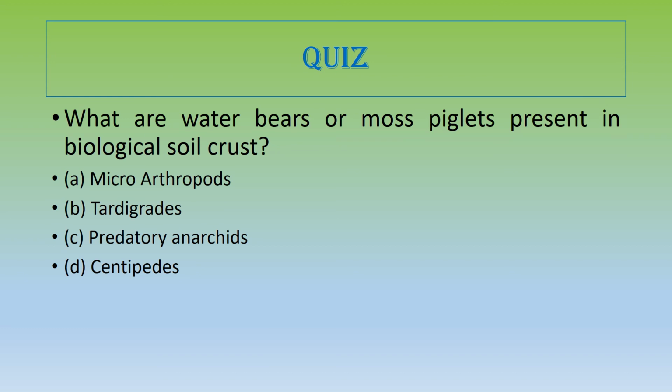These tardigrades also feed on other arthropods, and one main characteristic of this water bear is that under very high arid conditions, that is, when there is a high temperature and total absence of water, they convert into just a ball. Their entire body, the long cylindrical, segmented body, loses water and is converted into a ball-like structure.